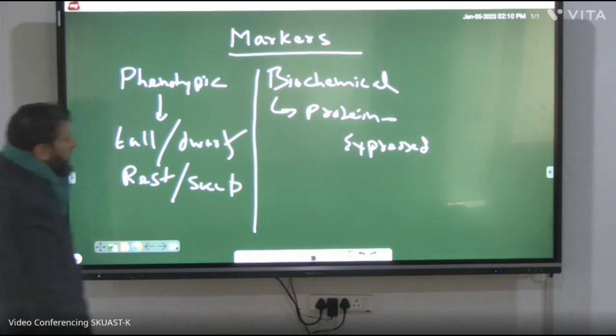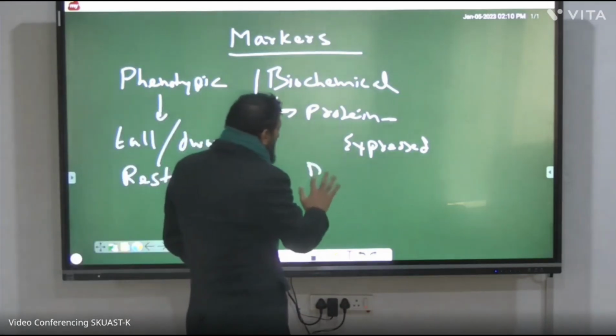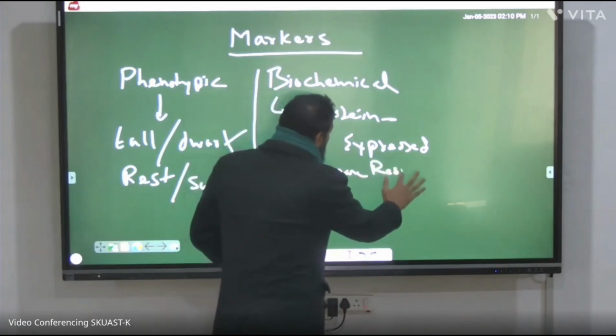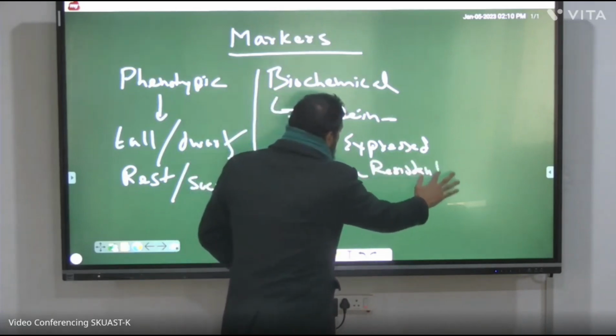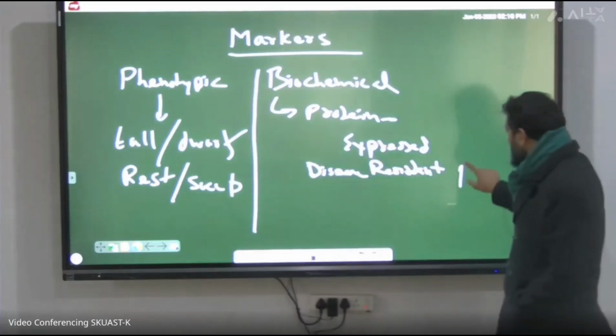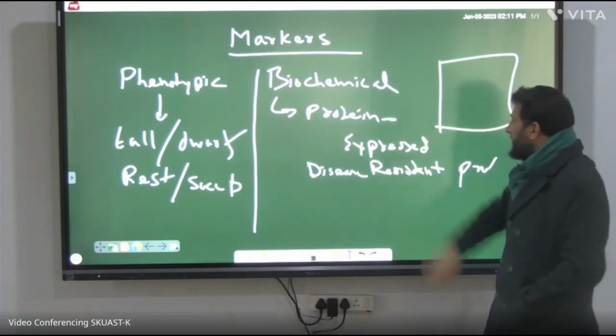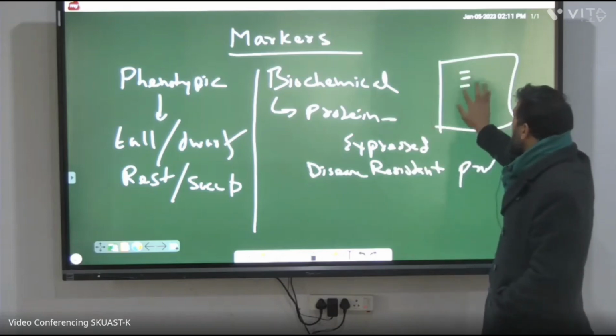For example, a plant produces some, say, disease-resistant protein. So what you do, you check the plant and see that they have a protein profile.